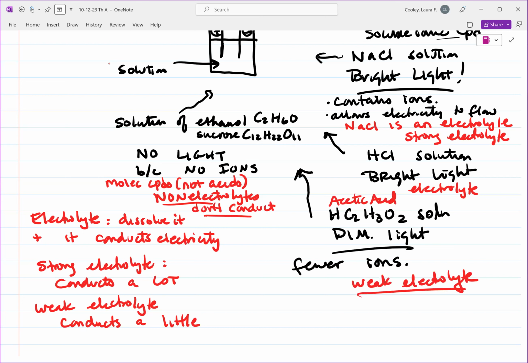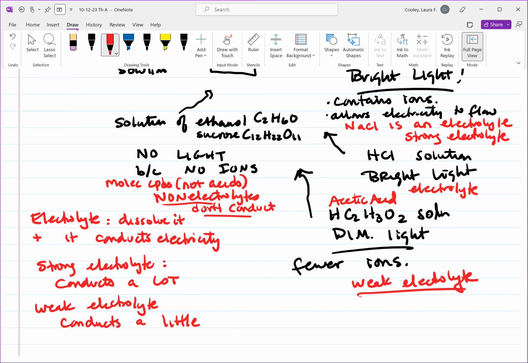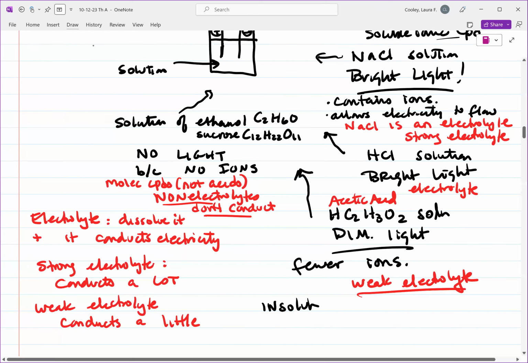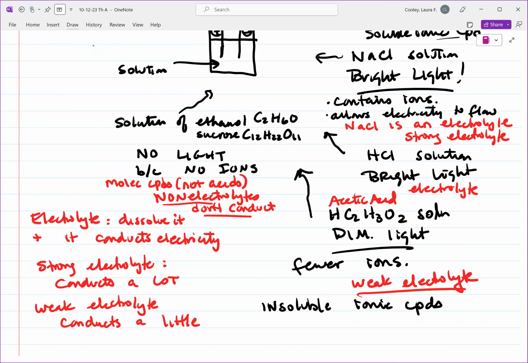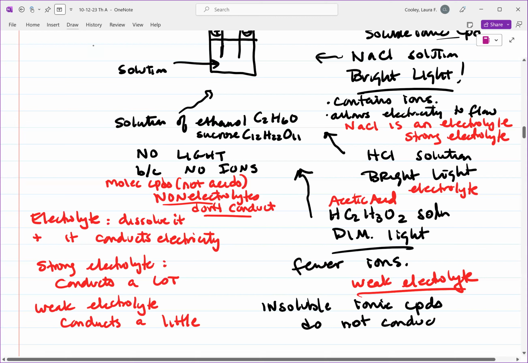And then, of course, we could also write down here for completeness, insoluble ionic compounds do not conduct. And why don't they conduct? Because there's no ions in solution there. The compound is sitting at the bottom.